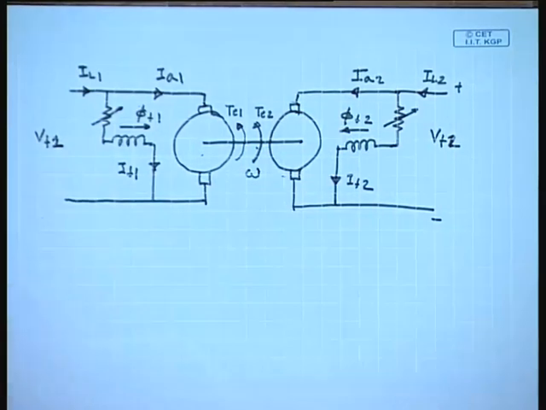Now, how to determine which machine will be motor and which machine will be generator? For that we need to find out the torque speed characteristics of the machine.